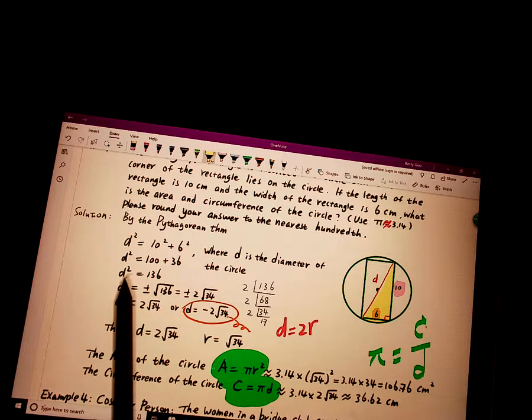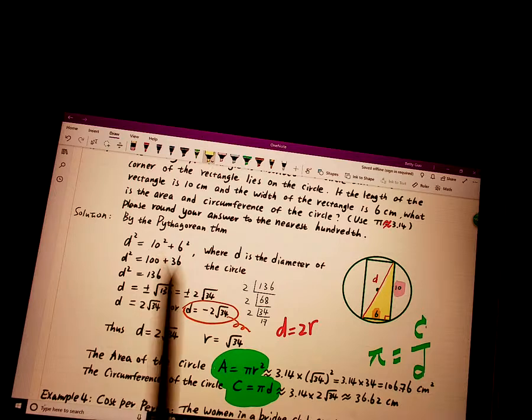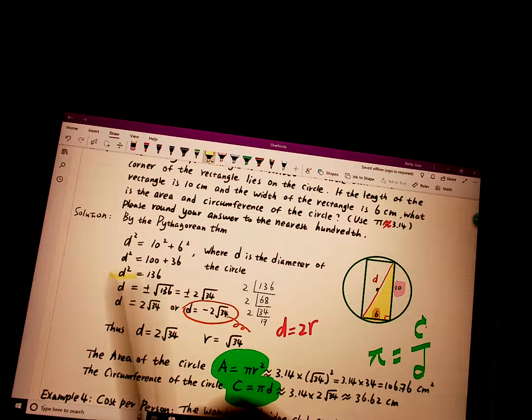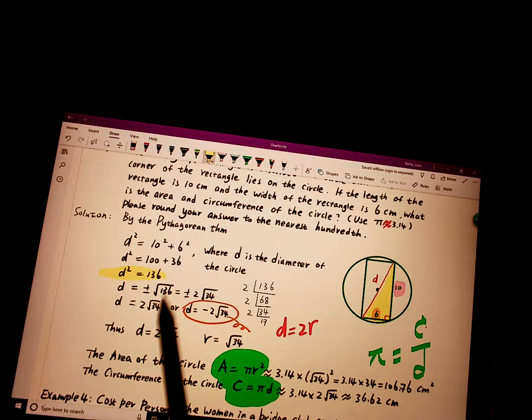You have D squared equals 10 squared plus 6 squared, which is 136. What method do you apply here? Square root property. You have D equals plus or minus the square root of 136. Of course, you get rid of the negative value because diameter cannot be negative, right? So D is going to be the positive square root of 136.